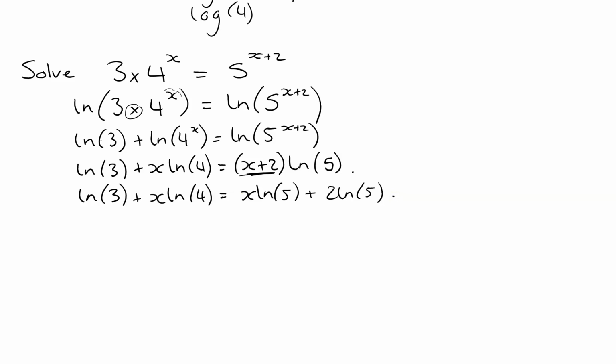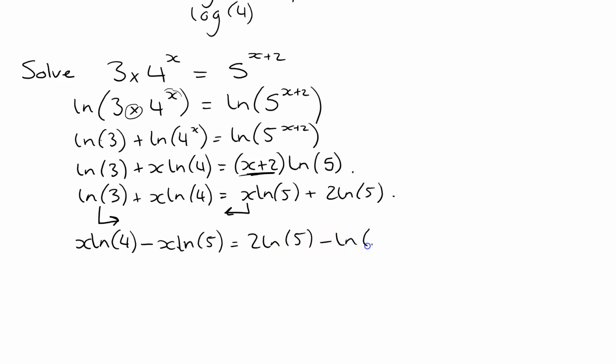Now I'm going to put my x's over that side and my constant terms over that side. So that'll be minus x ln 5. And then 2 ln 5 minus ln 3.